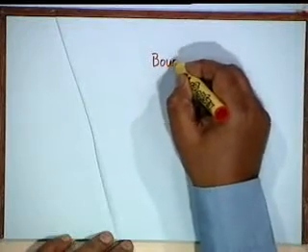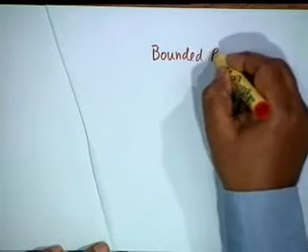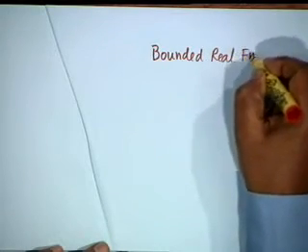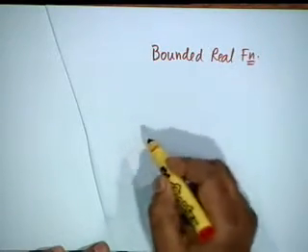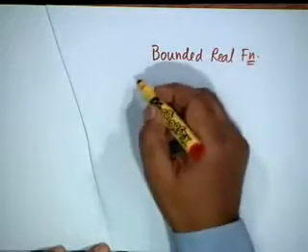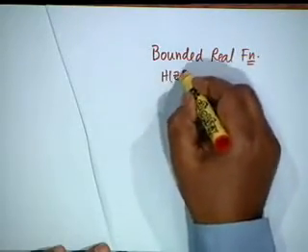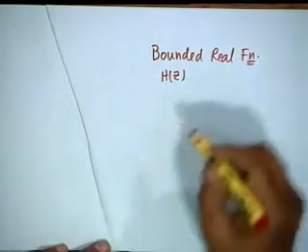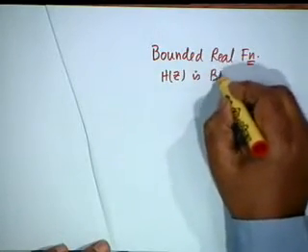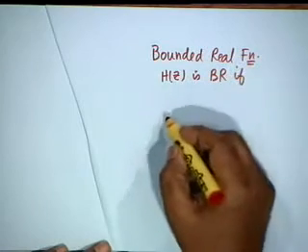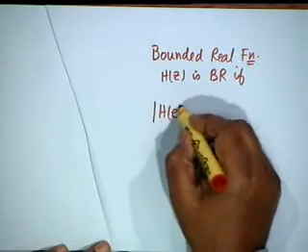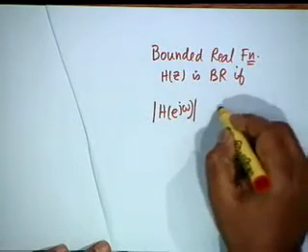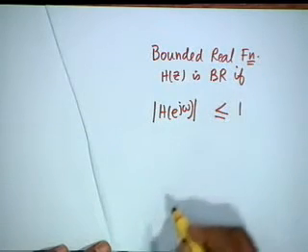Some properties of all pass filters require a definition of what is called a bounded real function. A function H(z) is said to be bounded real, H(z) is BR, if the magnitude of H(e^jω) is less than or equal to 1.